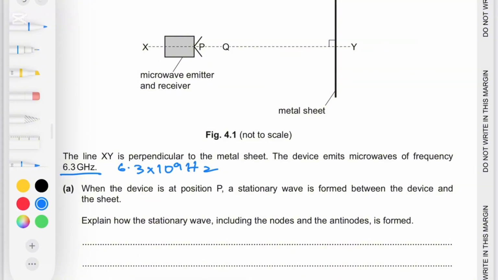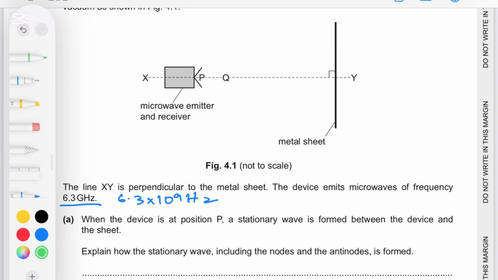A stationary wave or a standing wave is formed by the superposition of two waves that have the same frequency and the same amplitude traveling in opposite directions. So imagine microwaves traveling from the source, they hit the screen and then they are reflected.